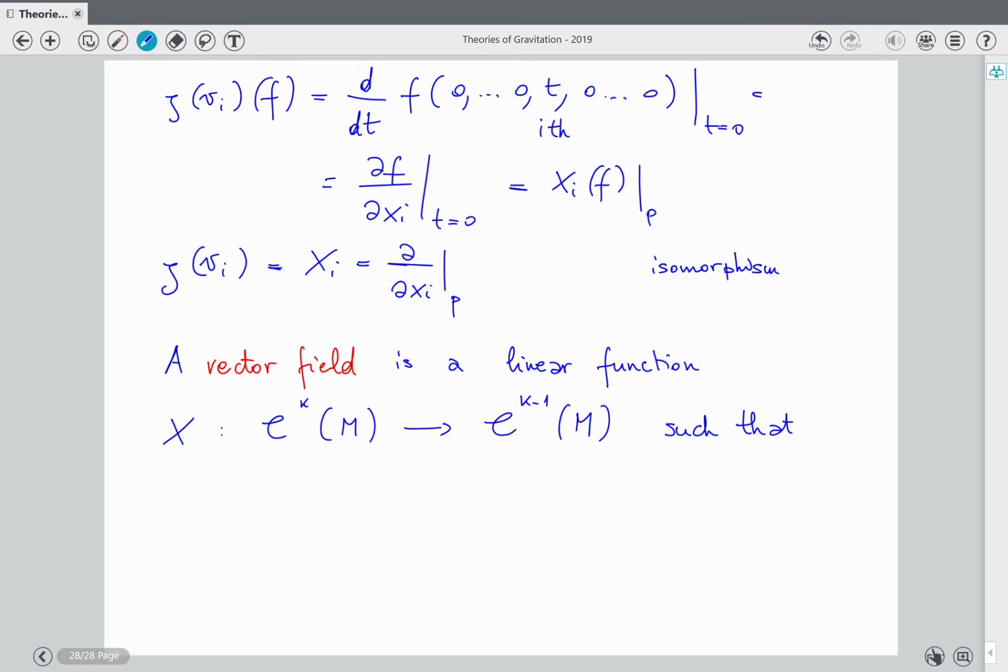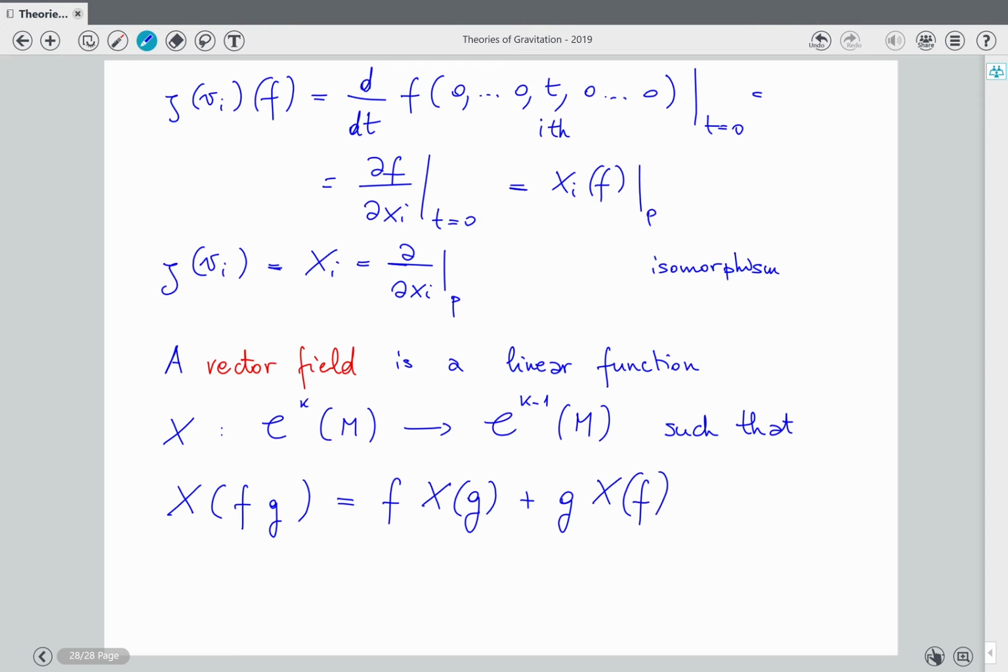So the only assumption it has to obey, besides being linear, is like a derivation, the Leibniz rule. So x of fg is f times x of g plus g times x of f.